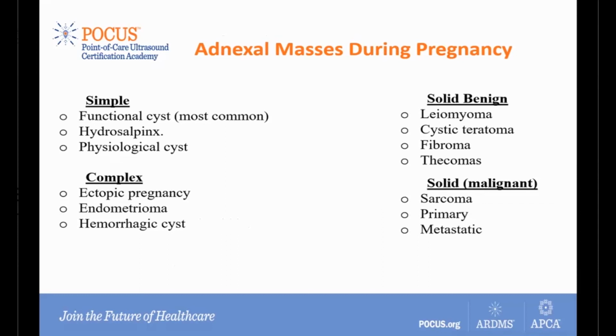Complex could be something like an ectopic pregnancy, endometrioma, or a hemorrhagic cyst. For benign, you have to definitely recognize things like leiomyoma or fibroid uterus. It could be a cystic teratoma or fibromas. And then the solid malignant, rarely seen, we see sarcoma, primary or metastatic disease.